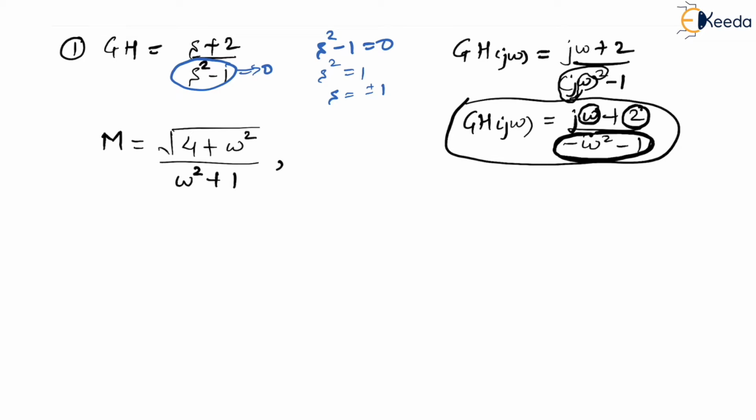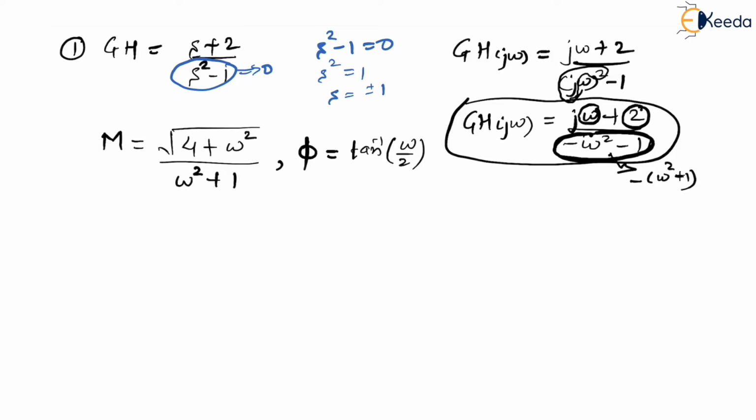If you think of angle phi, what is angle phi going to be? The numerator angle contribution is tan inverse of imaginary part by real part. So it becomes tan inverse of omega divided by 2. And here we have this minus sign. You can also keep this as minus into omega squared plus 1.